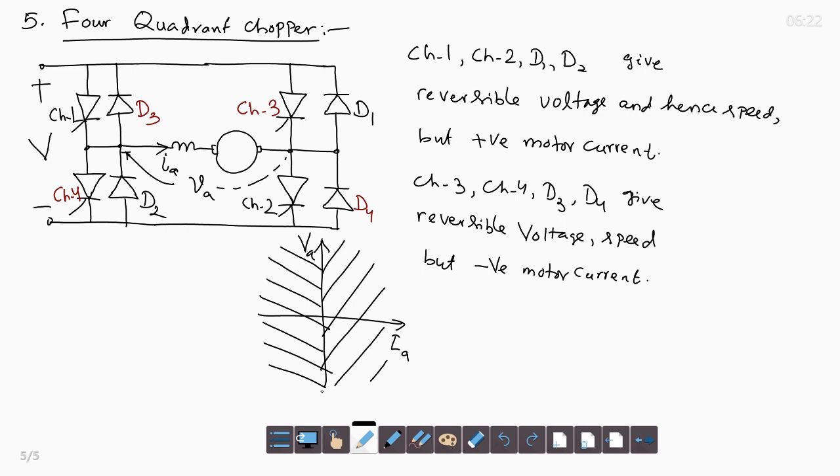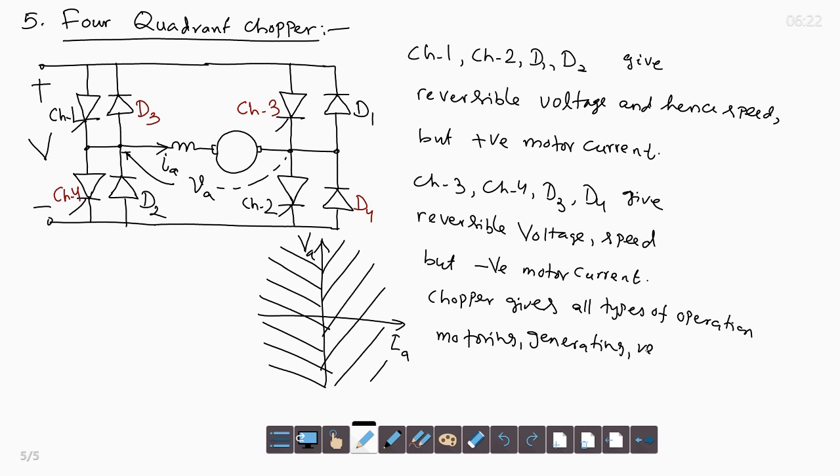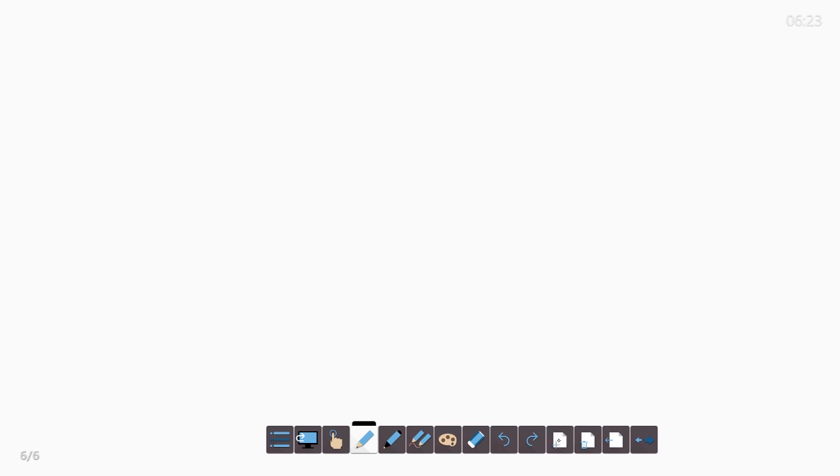This chopper can give all types of operation: motoring, generating, reverse motoring and braking operations of a DC drive. So, a 4 quadrant DC drive can be obtained with a 4 quadrant chopper circuit like this. Next, we will discuss chopper control strategy.